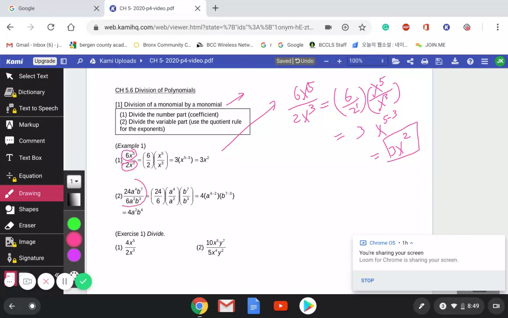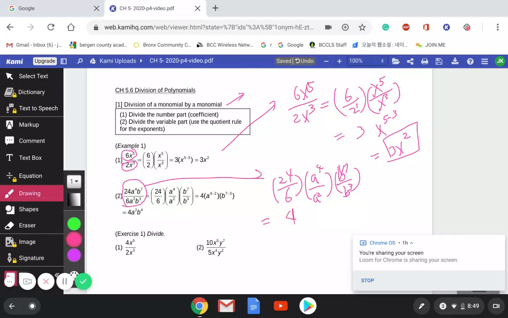Now, if you have a more complicated one, again, you group 24 and 6, a to the fourth with a squared, and b to the seventh by b cubed. Simplify: 24 divided by 6 is 4.